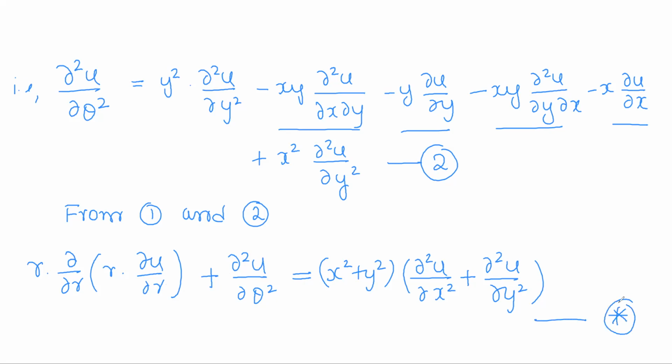So what we have done now is we have converted the given equation, which was in terms of r and θ, into terms of x and y. So now the Laplace equation is in terms of x and y, and the given equation is also in terms of x and y. So now it becomes easier to compare the two. Now we shall prove the if and only if condition. So the direct part.